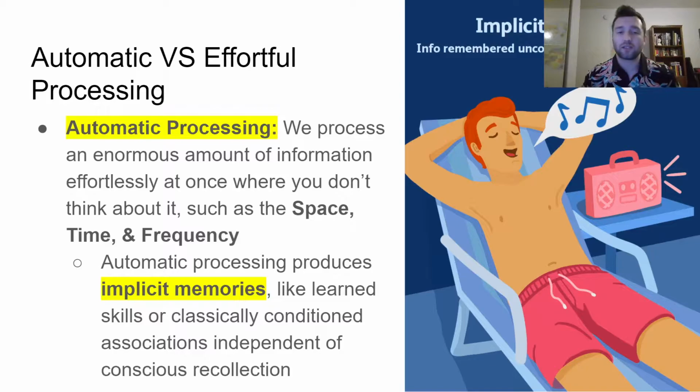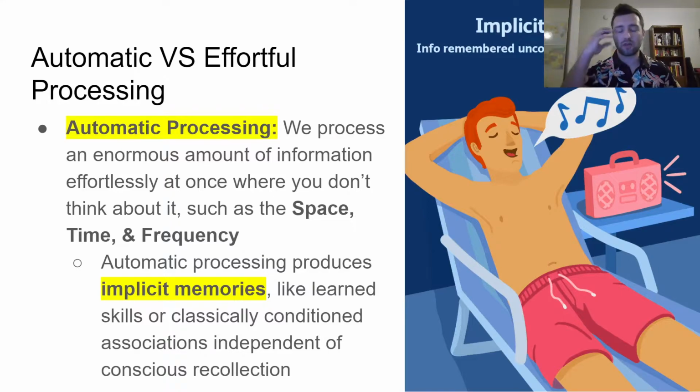Now, again, automatic processes produce what are called implicit memories. So effortful creates explicit, automatic creates implicit. Effortful, explicit is usually the easiest way to remember, then automatic, implicit. Implicit memories are things like learned skills or classically conditioned associations. We mentioned in that learning unit how classical conditioning is often unconscious.